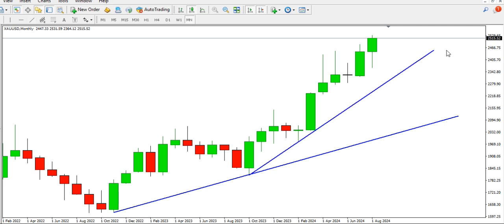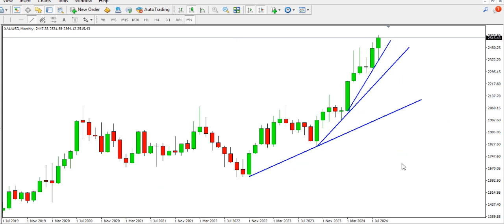It's also well respected as price continues to move far above it. We also have another one around here, so that makes three ascending trend lines on the monthly time frame. So we expect price to break this first, before breaking this, and before breaking this, for us to start to see some massive drop of the price of gold.